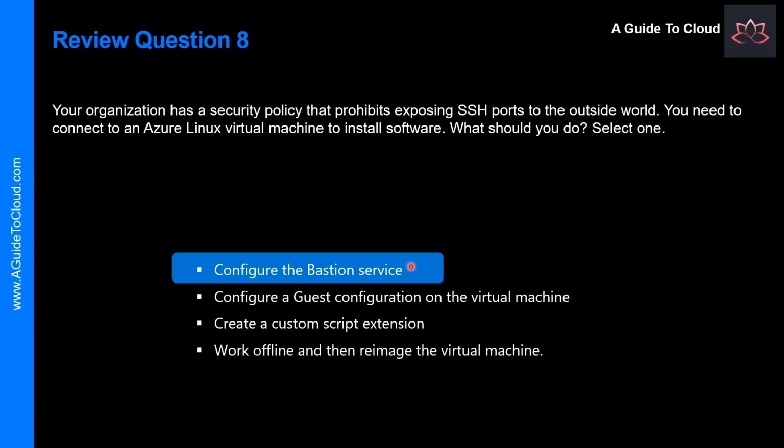Bastion provides secure RDP and SSH connectivity to all VMs in the virtual network in which it is provisioned. Using Azure Bastion protects your virtual machine from exposing RDP and SSH ports to the outside world, while still providing secure access using RDP and SSH. With Azure Bastion, you connect to the virtual machine directly from the Azure portal.